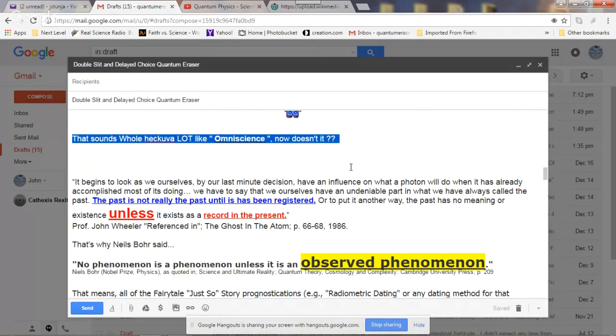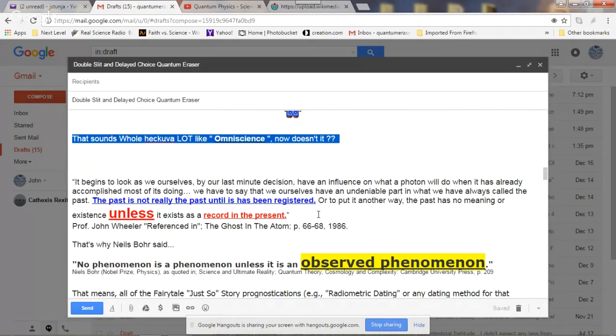Professor John Wheeler, check this out. This is years before this experiment even took place. These guys knew it. It begins to look as if we ourselves, by our last-minute decision, have an influence on what a photon will do when it has already accomplished most of its doing. We have to say that we ourselves have an undeniable part in what we have always called the past.